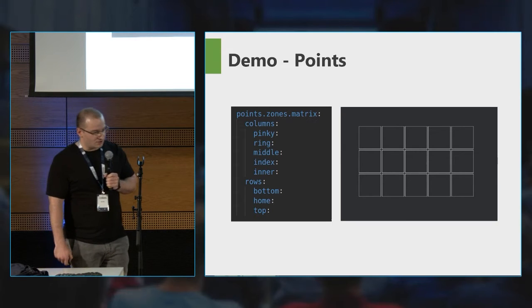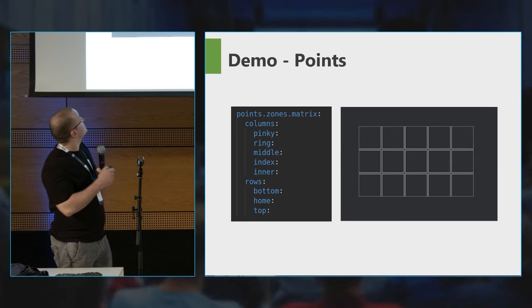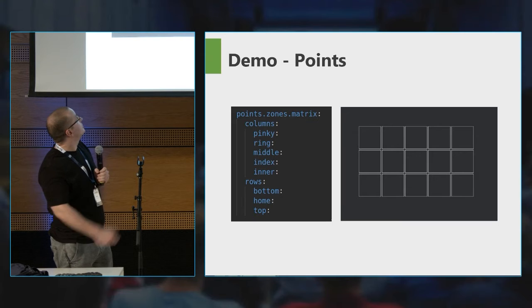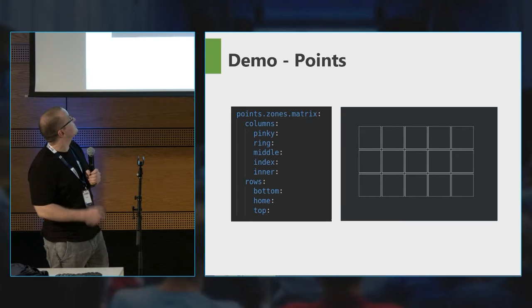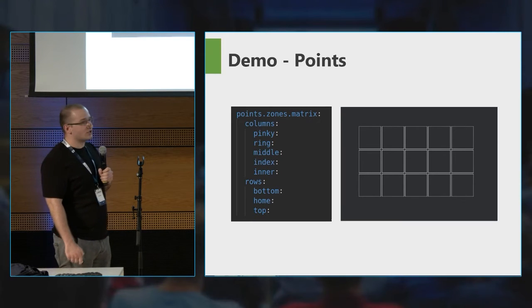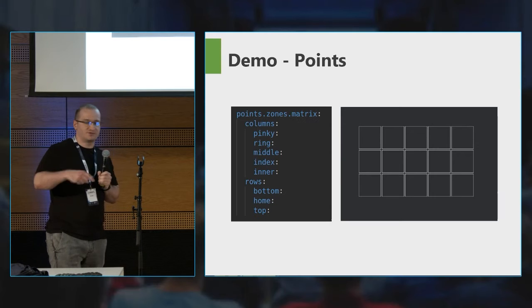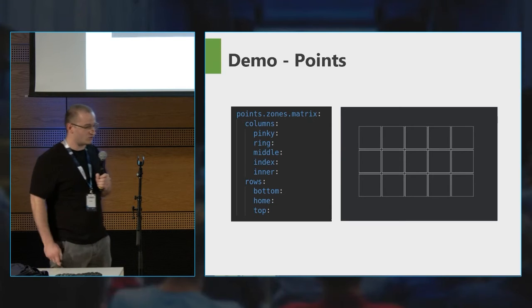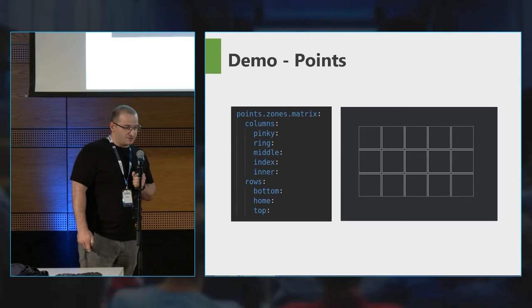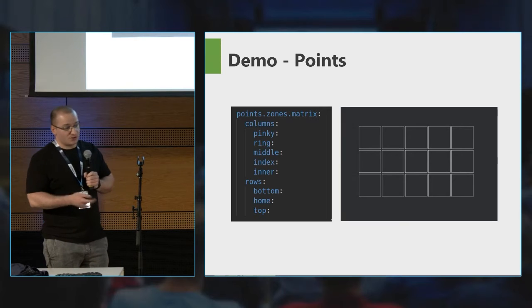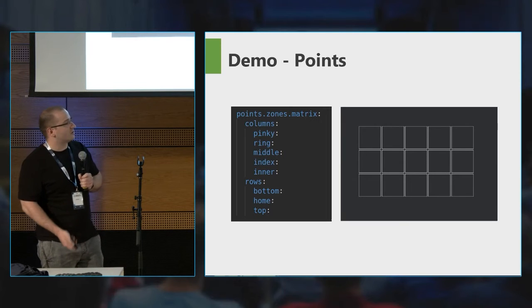So in this basic example, we just say that we declare a zone called matrix that has 5 columns and 3 rows, which is laid out from left to right and from bottom to top, as the order might suggest. And if we input this to the program, we get the 3x5 matrix on the right.